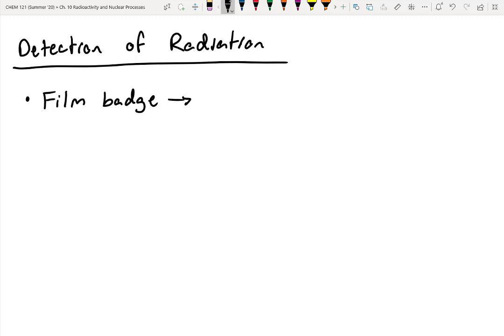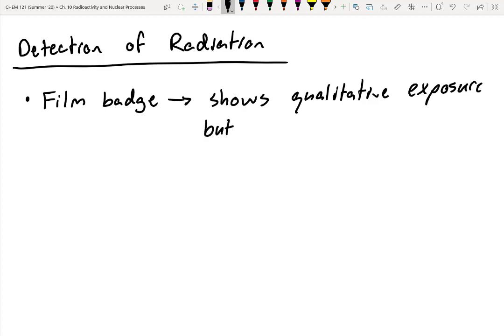But what this does is it shows qualitative exposure. But it isn't very precise, right?